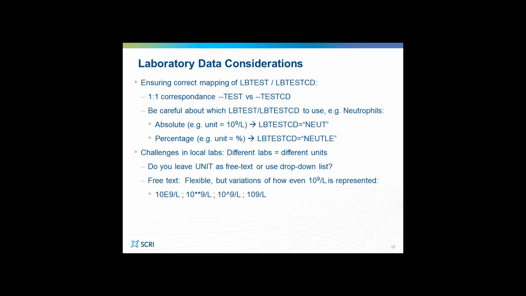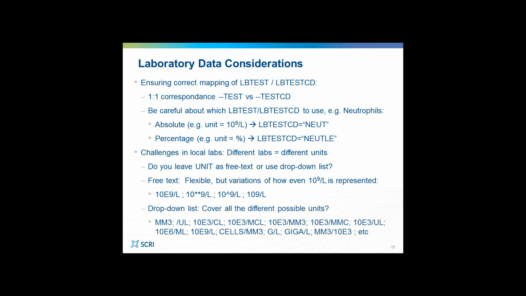However, there's a variation even in how one unit is represented. I'm showing you an example here, 10 to the 9 per liter. Even for that, different sites may be entering that 10 to the 9 per liter in 4 different ways. And when it comes to mapping from the original unit to the standardized unit, that can cause a challenge because you wouldn't know upfront how many different variations you've got.